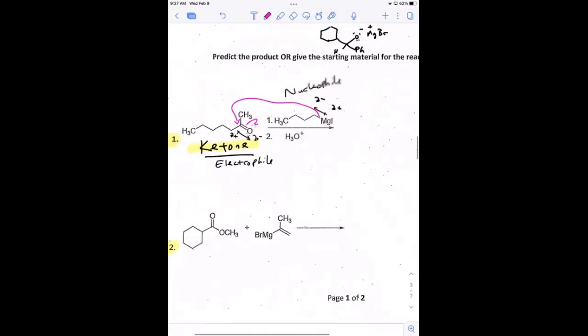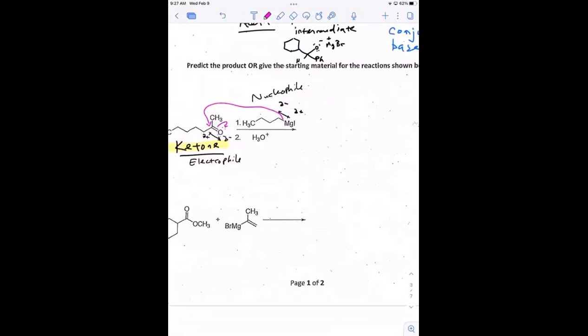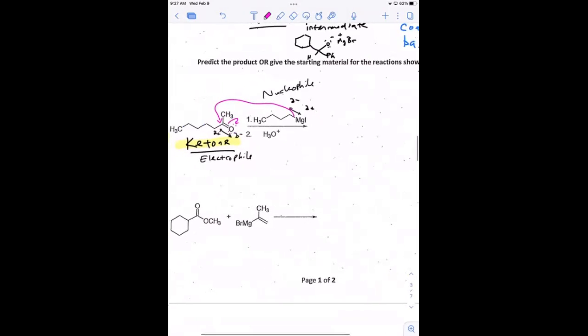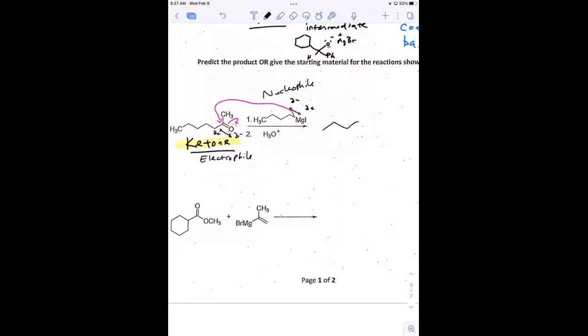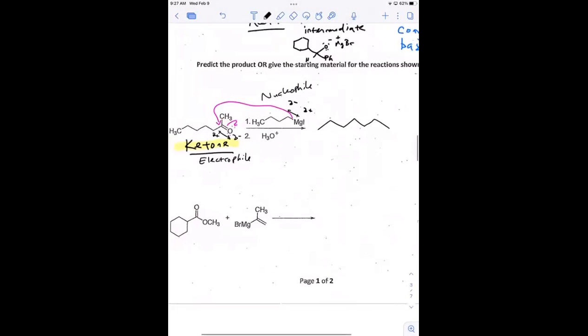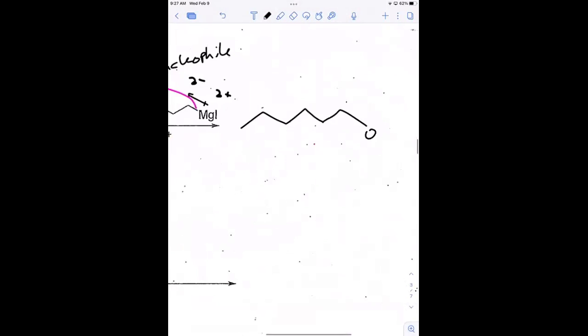All right. So now that's going to get me to an intermediate. And I'm just going to redraw this part. So my oxygen is now negative.